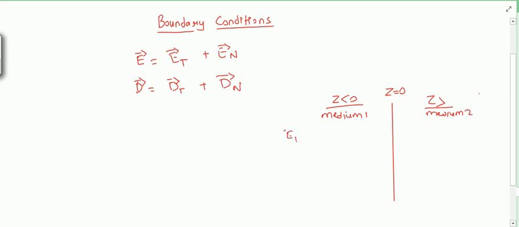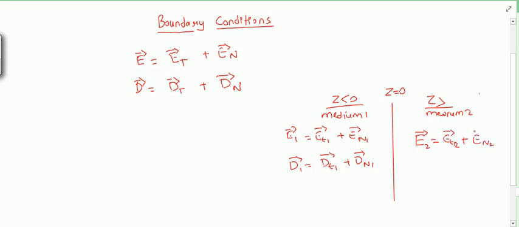Here the electric field, suppose E1, has one tangential component and one normal component, and similarly the electric flux density has one tangential component and one normal component, here Dn1. And in medium 2, the electric field E2 has one tangential component and one normal component.